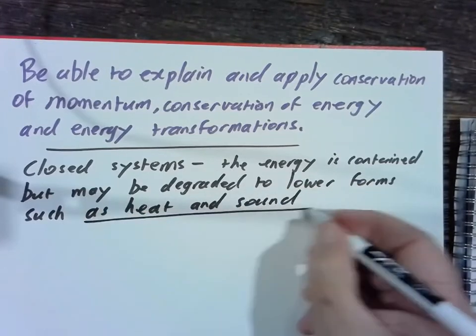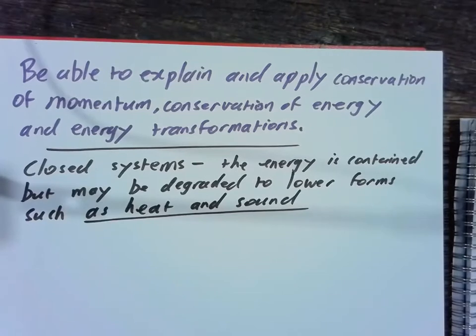So even though we have a closed energy system, the energy is not always recoverable because it could disappear down to a lower level and be impossible to get back.